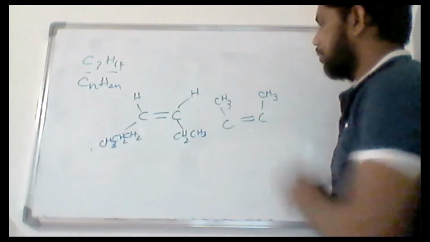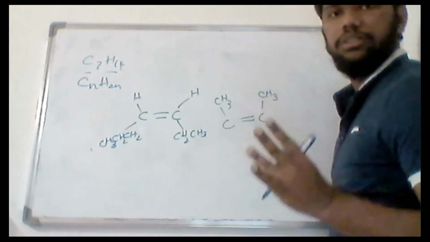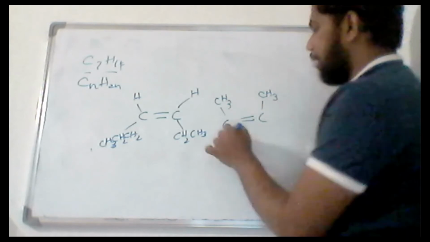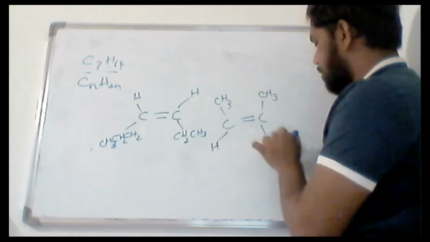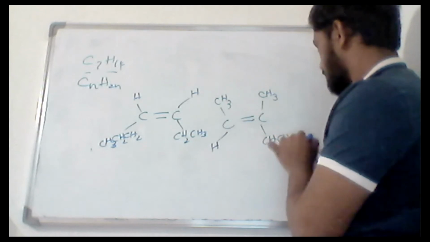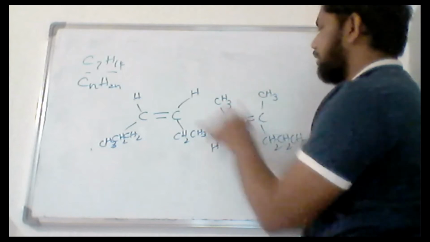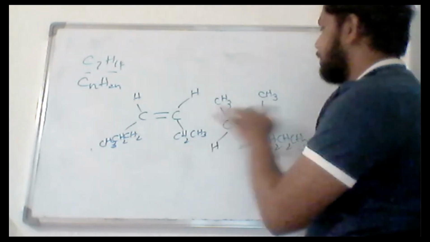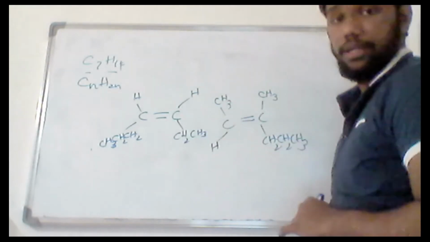Let's take this one, CH3. So here I have used 4 carbons, which means I can use 3 more carbons. So I can put one hydrogen here and put the other one here, CH2CH2CH3. Carbons 1, 2, 3, 4, 5, 6, 7. Hydrogens 14. So this can be another one.